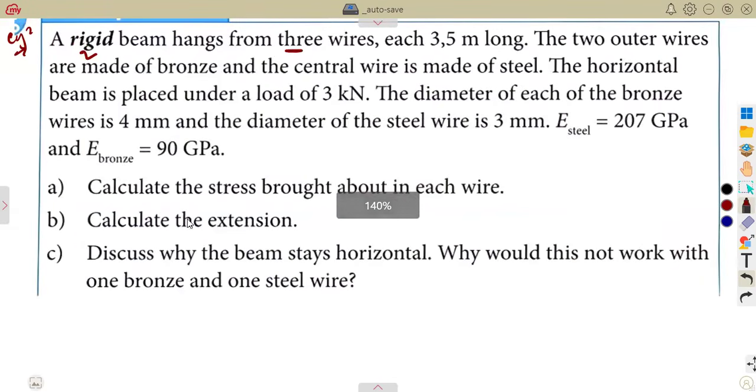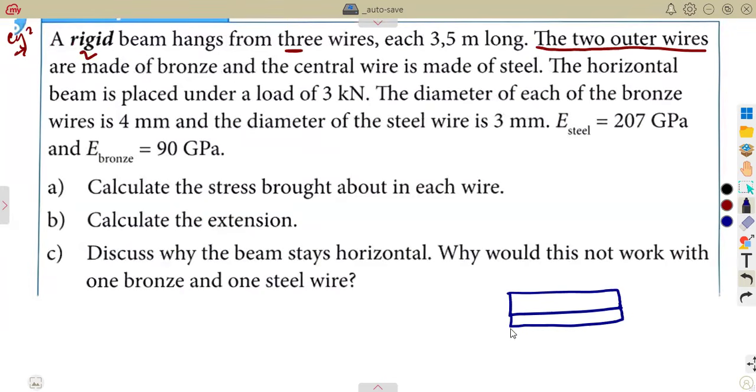There are 3, each 3.5 meters long. The 2 outer wires are made of bronze. There are 2, take note. And the central wire is made of steel. So it's like they're in parallel, with a bronze one there, another one there, and the one down there.